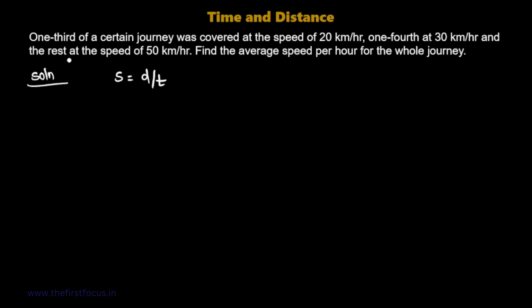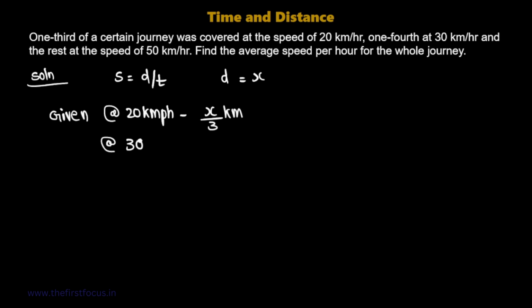So we have to find the rest distance. From that we can calculate the time so that we can find the average speed. So we can take the distance as x. Given that at 20 km per hour they have traveled 1 by 3 of the kilometer, that is x by 3 kilometer.